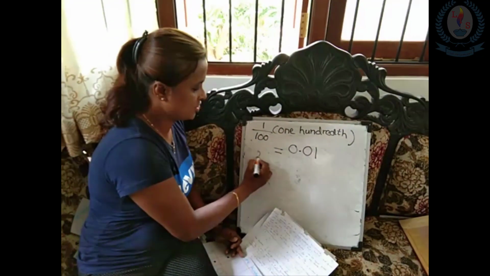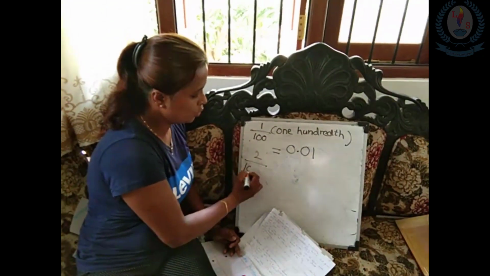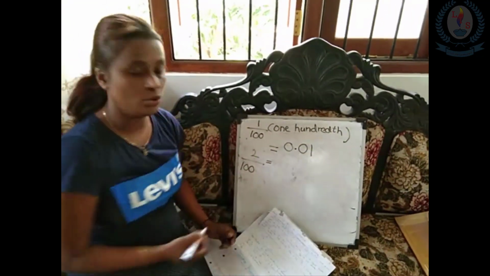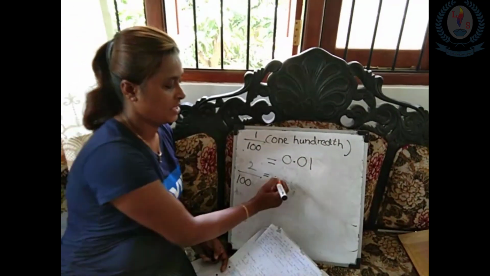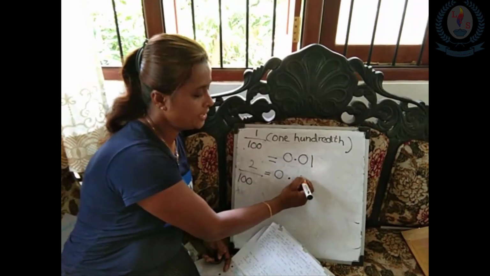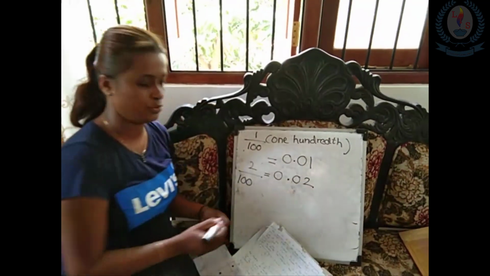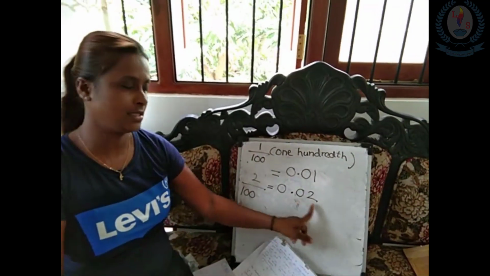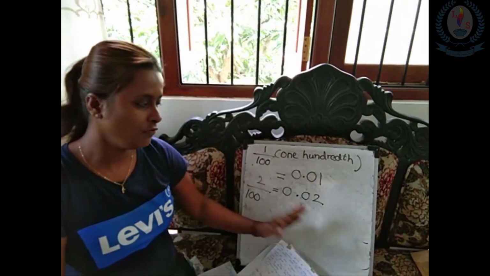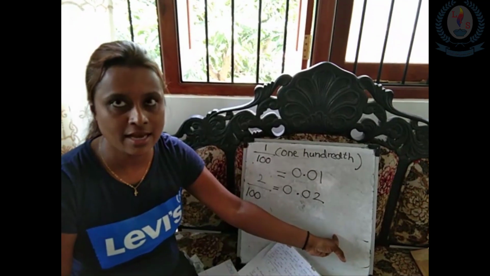Now look at this fraction. Two hundredths. We can write this as a decimal, 0.02. Two hundredths. No ones, no tenths, two hundredths. We cannot go to the hundredths place at once.